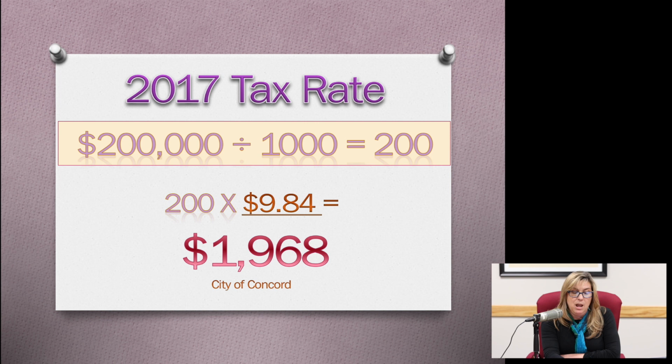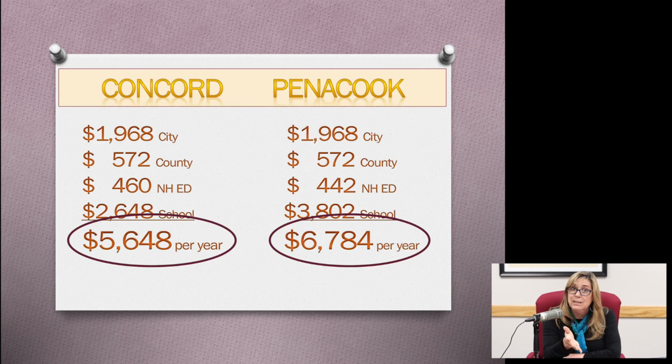Multiply that by our 9.84, and we're paying $1,968 in city taxes. That's really more realistic, right? So now when we line the two side by side, and this is really looking at our property tax bill for the city of Concord, if you live in Concord, you have $1,968 in city taxes.